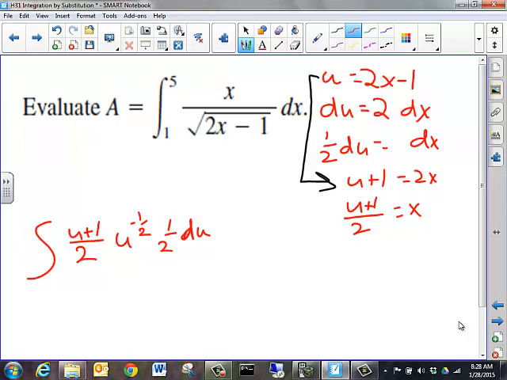Now, please do not write 1 and 5 on there for limits of integration. Why not? Because you've got to plug them back into the original function. 1 and 5 are the limits of integration when we're integrating with respect to x.